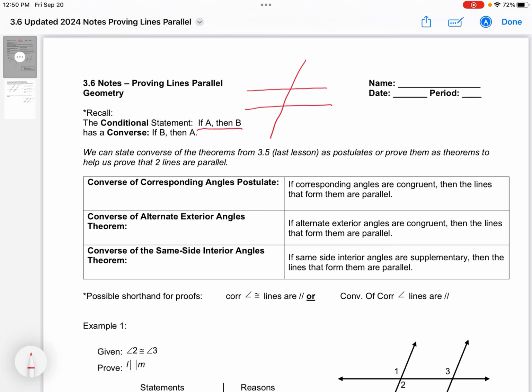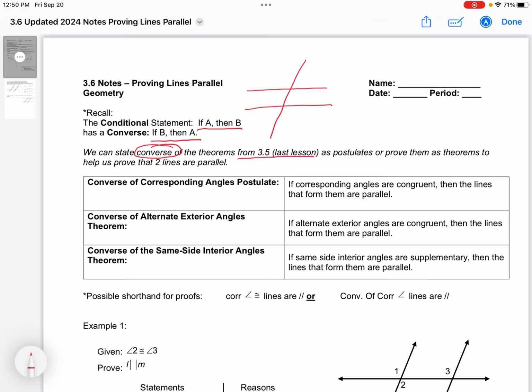So, if we have a conditional statement and a converse, we can see if the converses are true. So we're taking our theorems that we did from last lesson, and we're proving them as theorems that are converses to show that two lines are parallel.